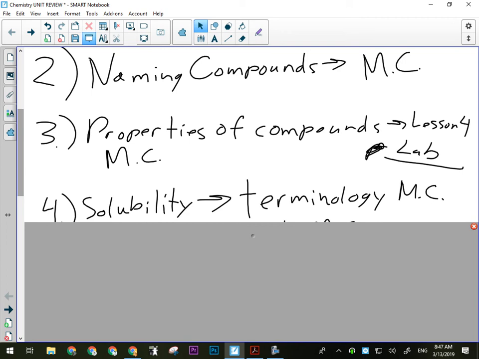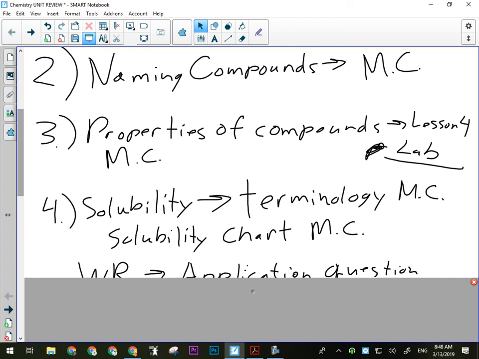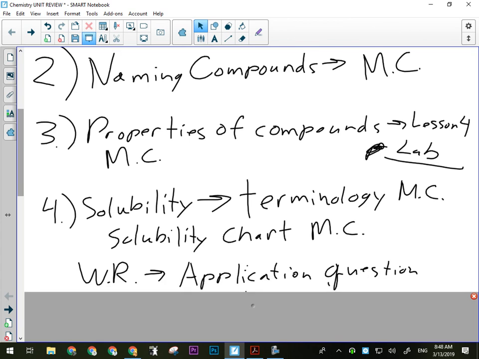Here's a chemical reaction. Which of the products is not soluble? Okay, which would be just like what you were asked to do there. So it could be something like that as a multiple choice question. Okay, solubility is also going to be part of an application question in the written response.